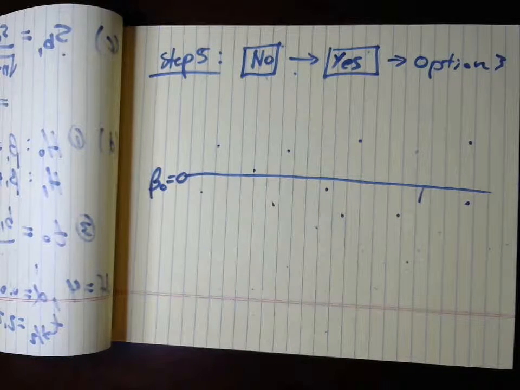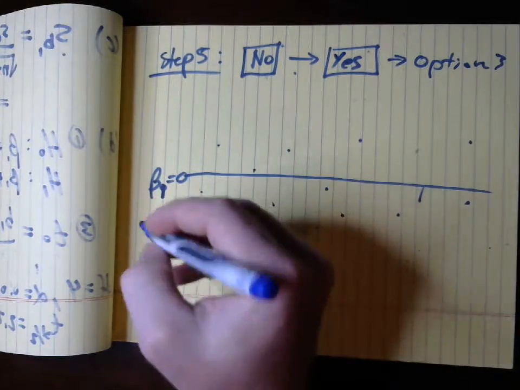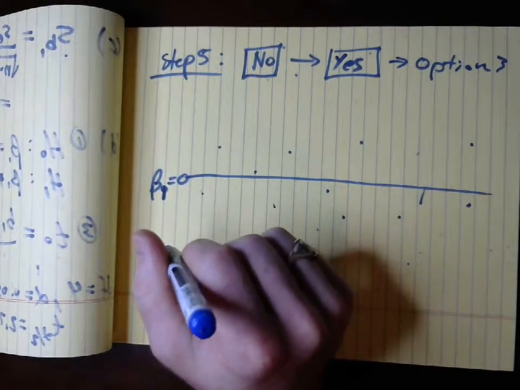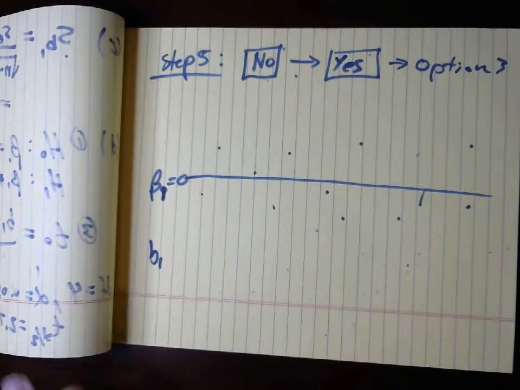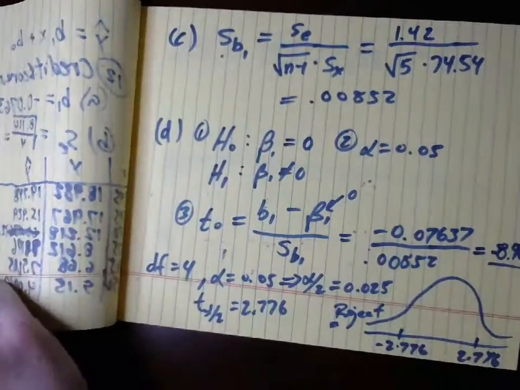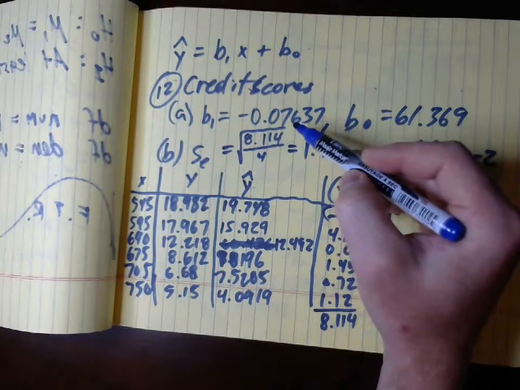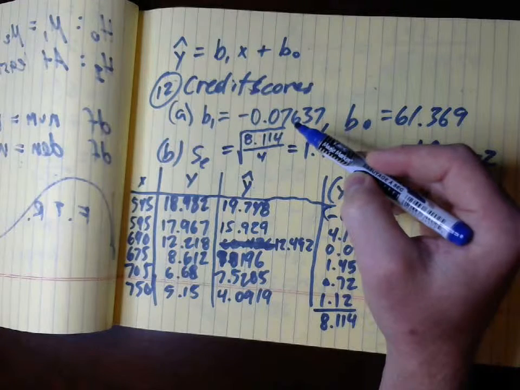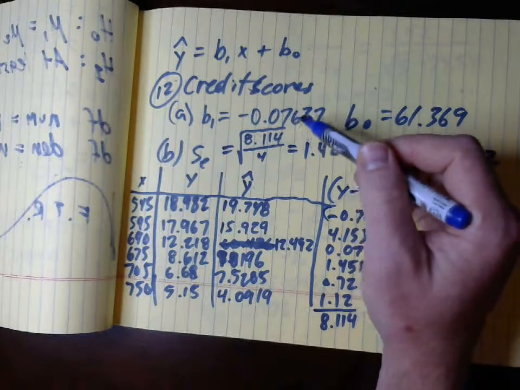And just because your b sub 1, your estimate, is really close to 0, like our estimate back here, notice that our estimate is really small. That doesn't mean that there's no relationship, or that it's going to be a really bad relationship.